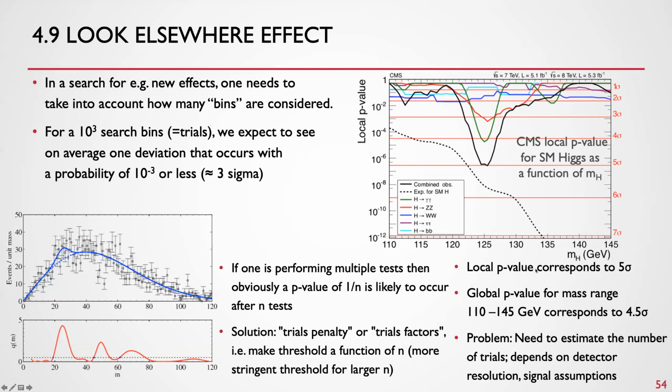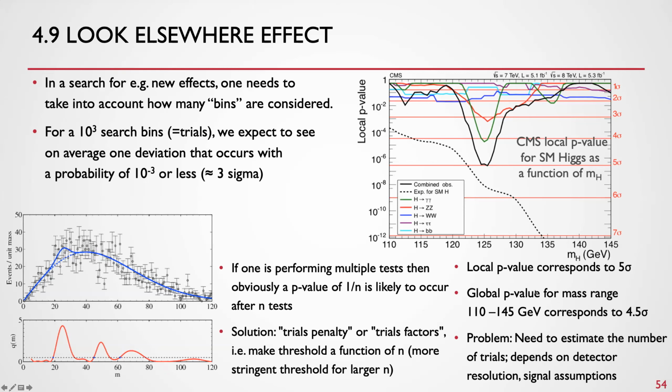The local p-value is the probability of the data to be as compatible with the standard model, as compatible with the Higgs mass hypothesis, as it is at a mass of 125 or more.